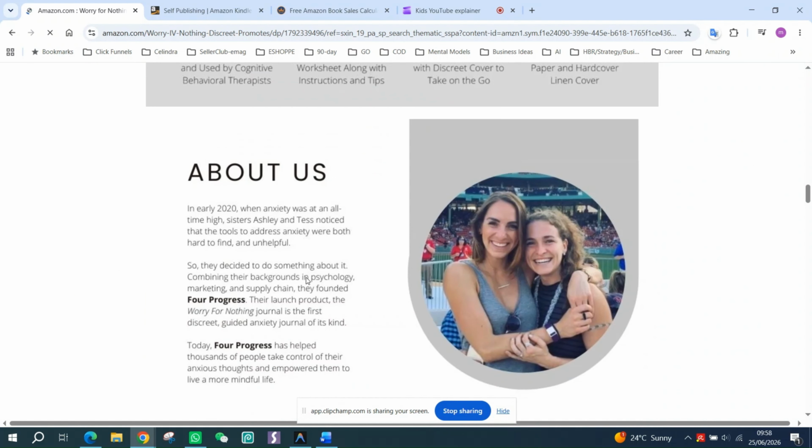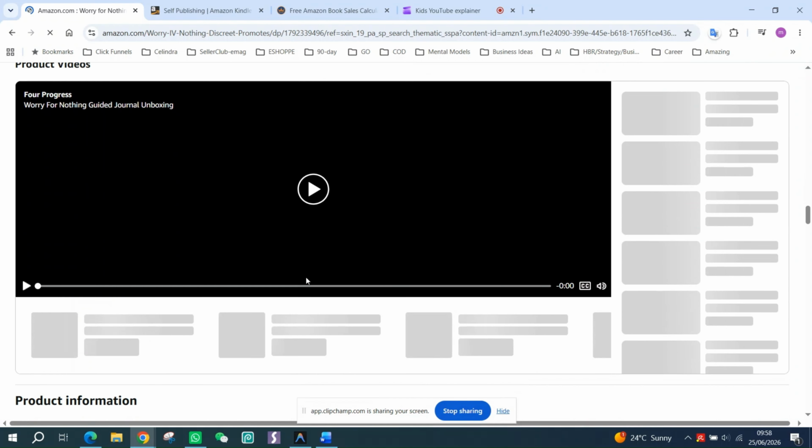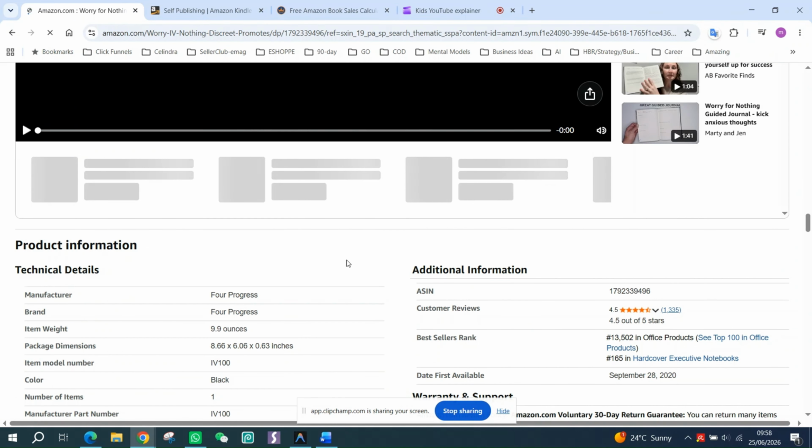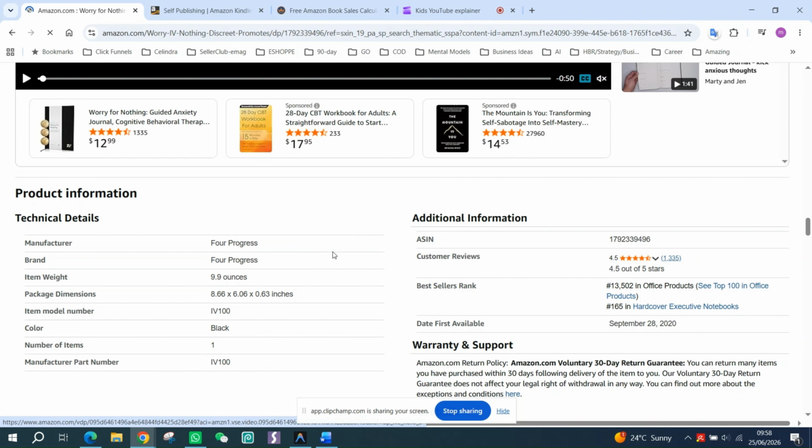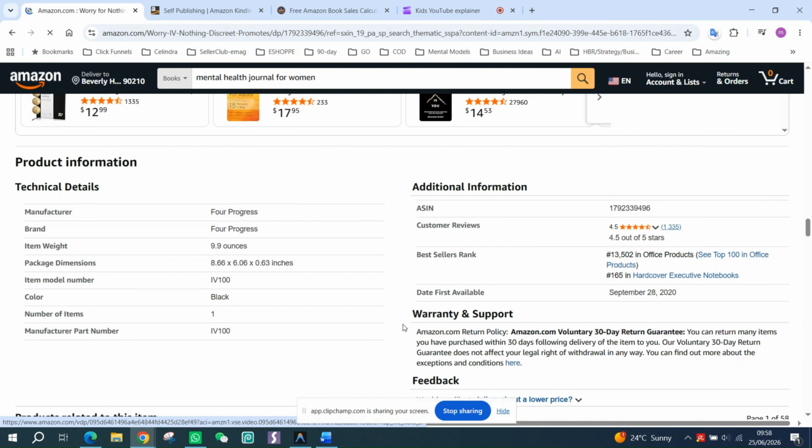Okay, another thing that I wanted to tell you, there are some Chrome extensions you can install, and then on the main page you'll also see the BSR, so you don't have to look at each book. This one is bestseller rank. It has 13,000 in office products and 165 in hardcover executive notebooks.